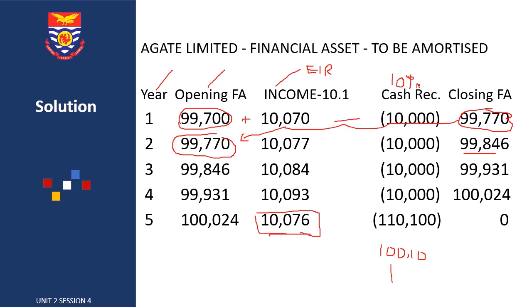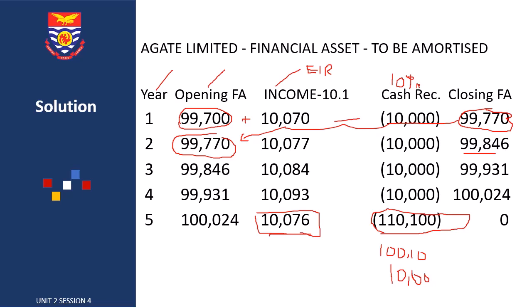So you add the 10,000 to this amount that has to be paid, and when you put the two together, that is how we get 110,100. So this is the total payment you would be receiving at the end of the 5th year: the interest, and then the principal amount together with a premium.